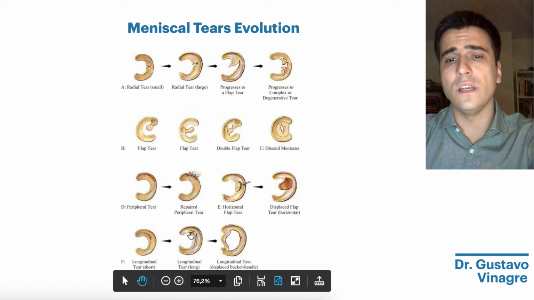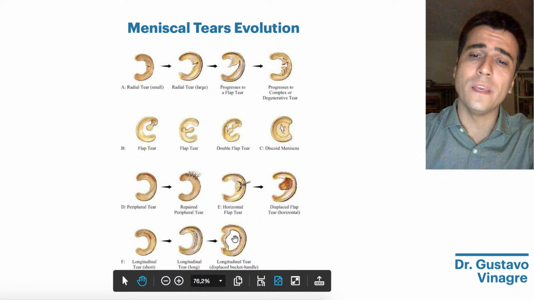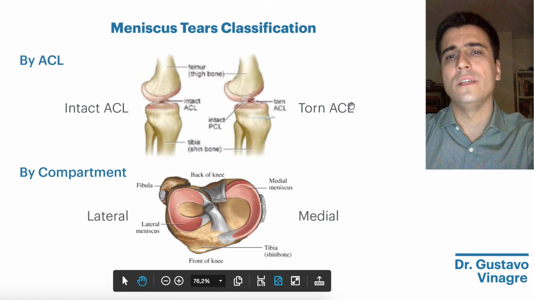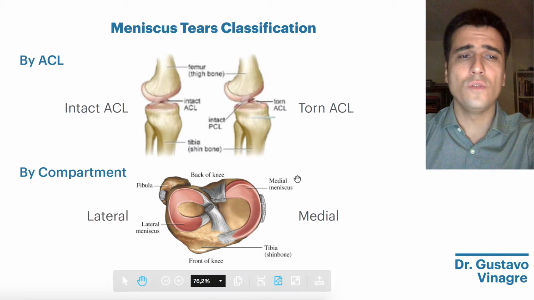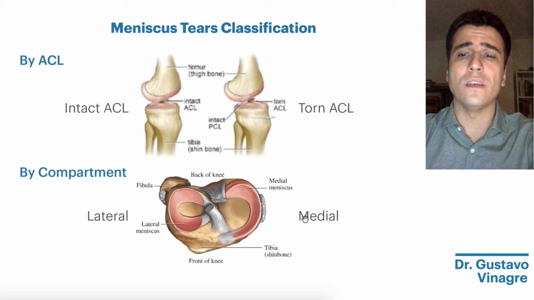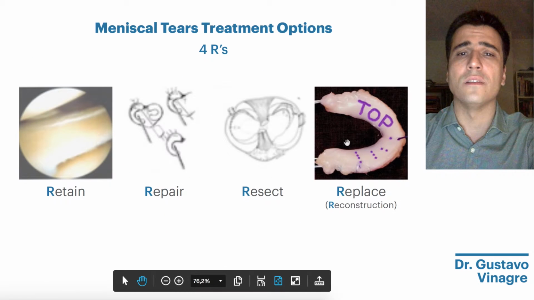You can see here how a longitudinal tear can be displaced into a bucket handle tear and block the knee. So you should think of the meniscus tear in terms of an intact ACL or a torn ACL, and on the lateral side or on the medial side.